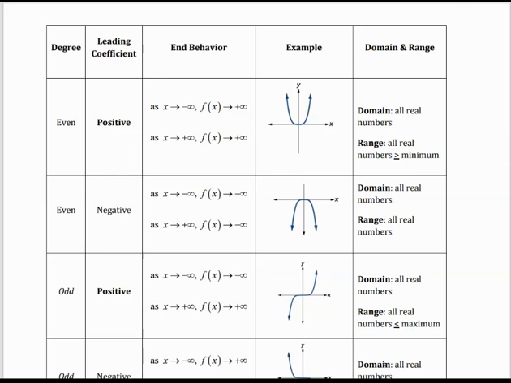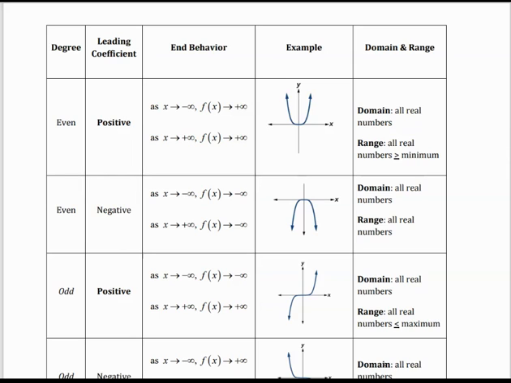Now, if the leading coefficient is positive, our graph will be up, up. Think about that with a quadratic, right? When we had x squared and it was positive, the graph opened up, so both ending points were going to positive infinity. When we had a negative, it flipped it. So instead of going up, up, it went down, down.